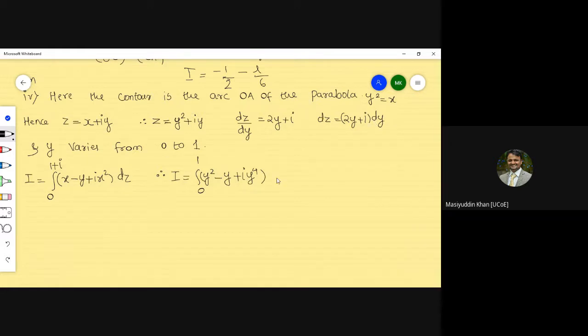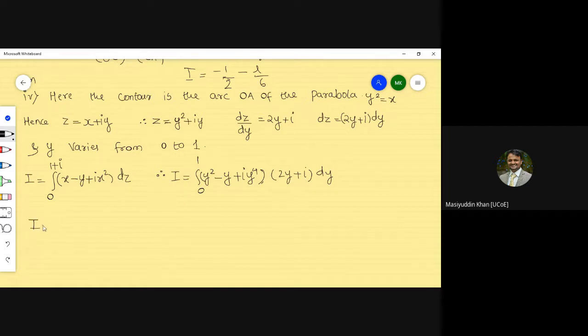Dz is equal to what? 2y plus i. So dz will be 2y plus i into dy. So we have to just simplify these terms or multiply with both the terms, and you will get the results.